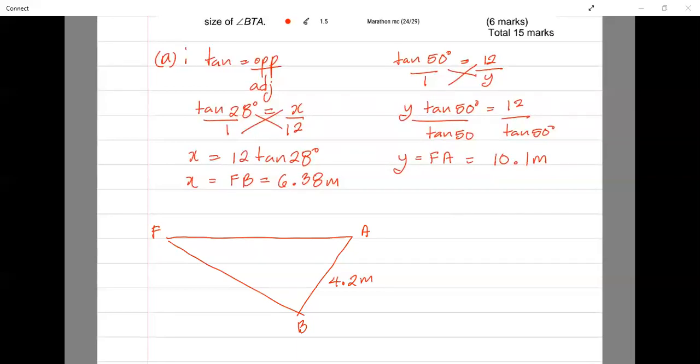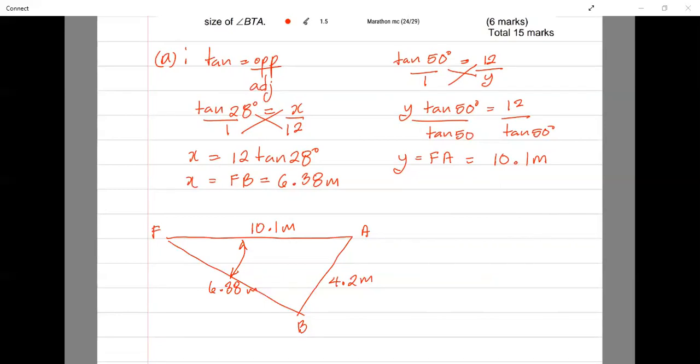We just calculated FA to be 10.1 meters. We calculated FB to be 6.38 meters. And we're asked to find that angle there, angle AFB.